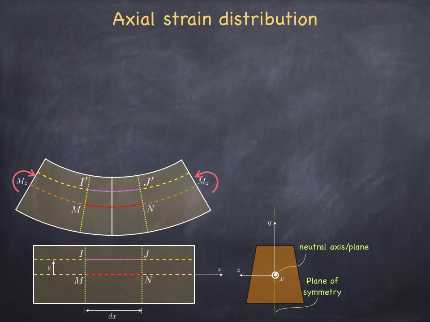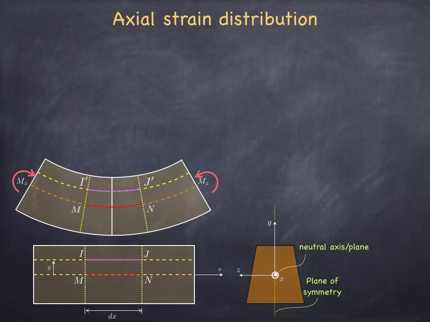As you can see, I am still using the letters M and N for the deformed version of the red segment, which is the segment at the neutral plane. I'm doing this on purpose because if the red segment is indeed on the neutral plane, then its length will not have changed, because those fibers are neither being compressed nor being extended.